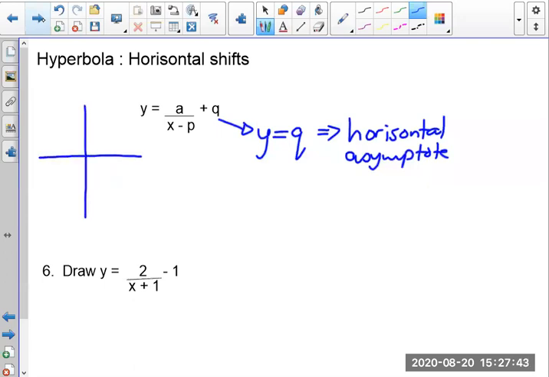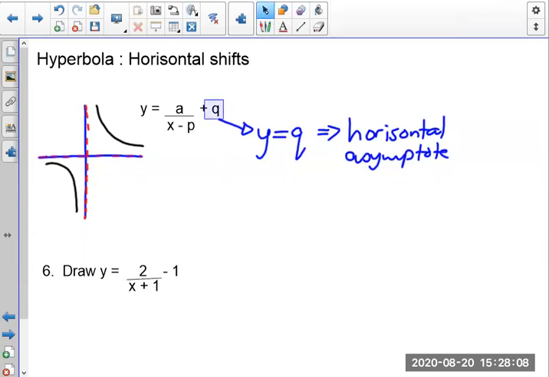If I had a hyperbola that say looked like that, can you remember? The y-axis was an asymptote and the x-axis was an asymptote. Now then we added something here.